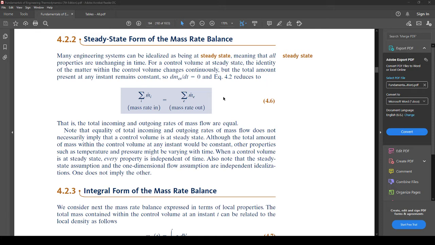It says that the total incoming and outgoing rates must be equal. Note that equality of total incoming and outgoing rates of mass flow does not necessarily imply that a control volume is at steady state. Although the total amount of mass within the control volume at any instant would be constant, other properties such as temperature and pressure might vary with time, which is true.